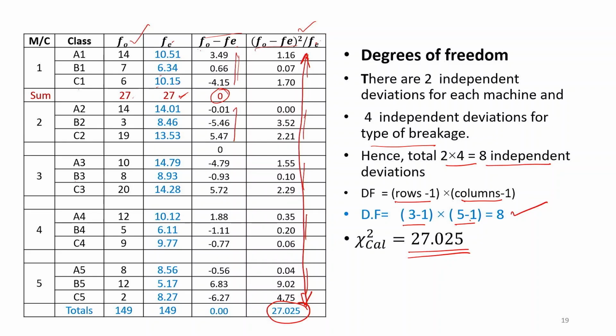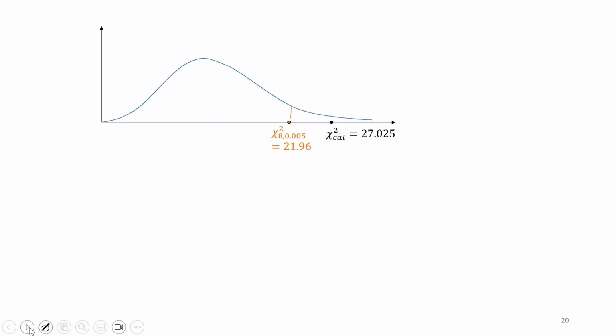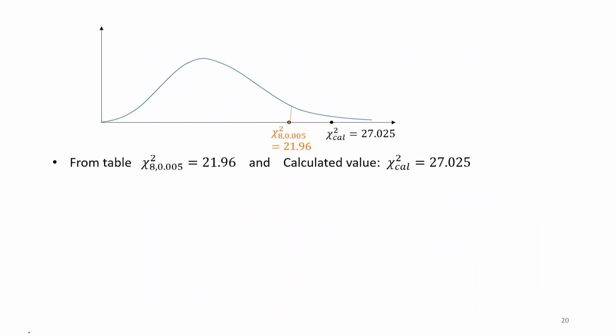What is the table value of chi-square? That is what is now left out, because we have to compare this quantity with the table value of chi-square at a particular level of significance. So we want to find out what is that value.